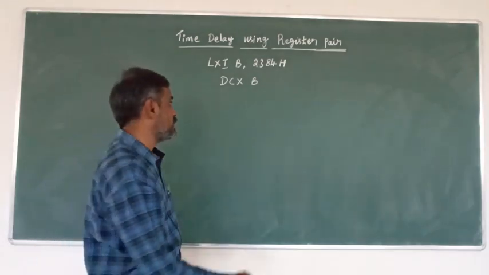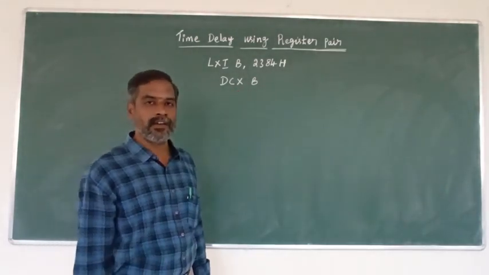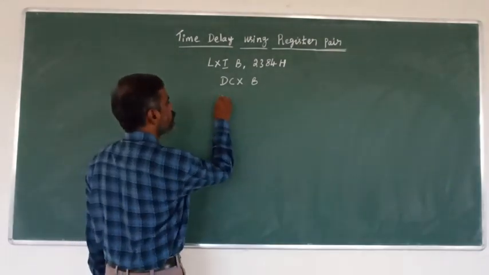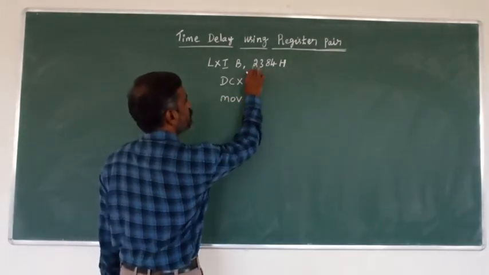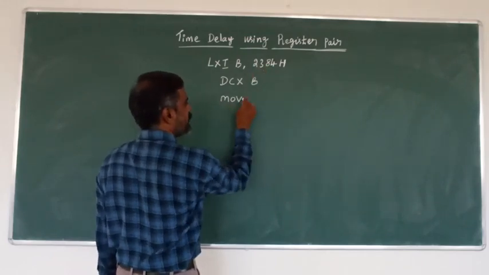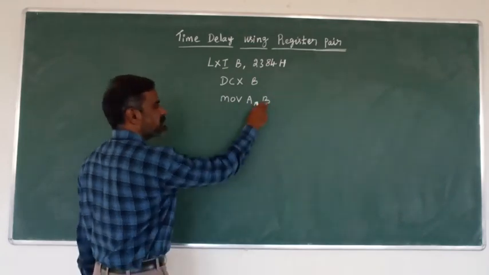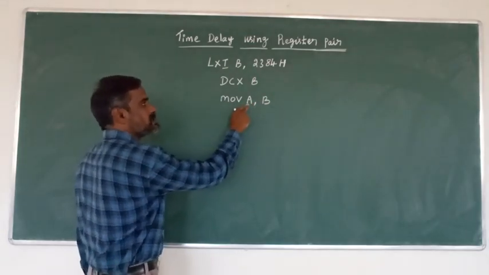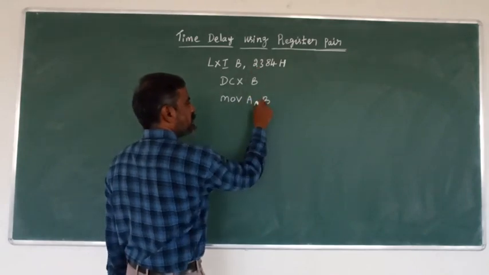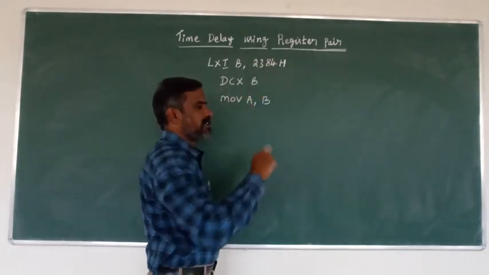Now how do we check whether the BC register pair content is 0 or not? For that, move either the B register or the C register data to the A register. Suppose the B register data is moved to A, that is 23 is moved to A, and the C register holds 84.